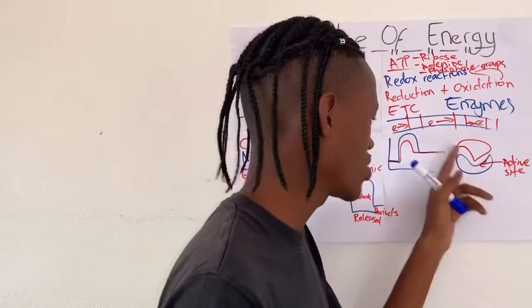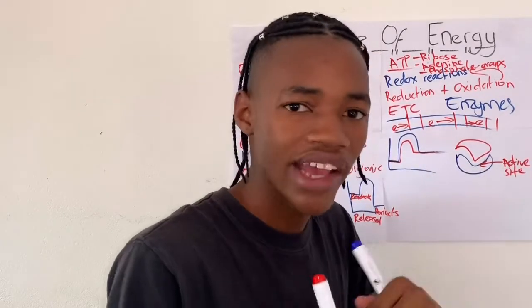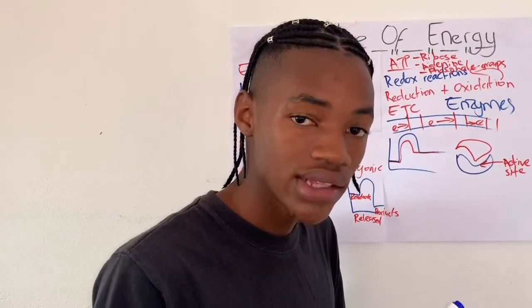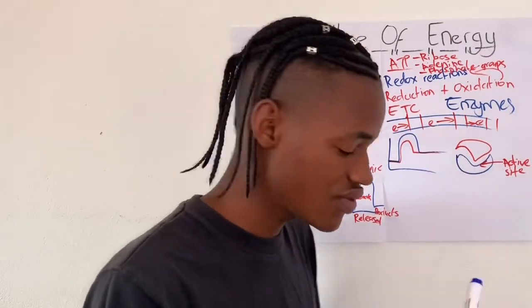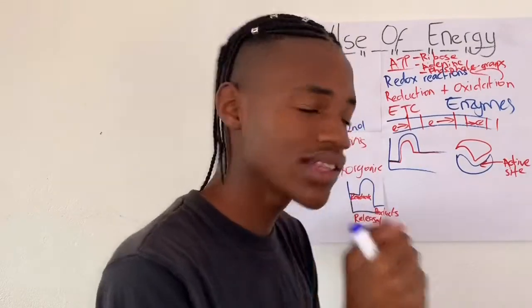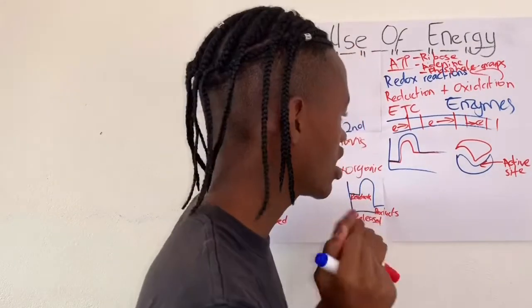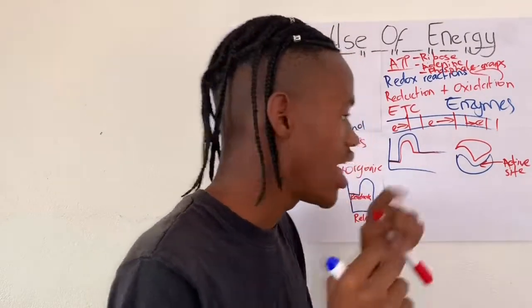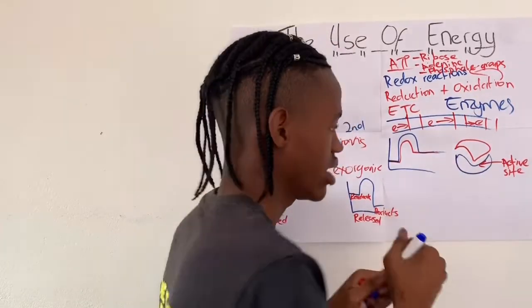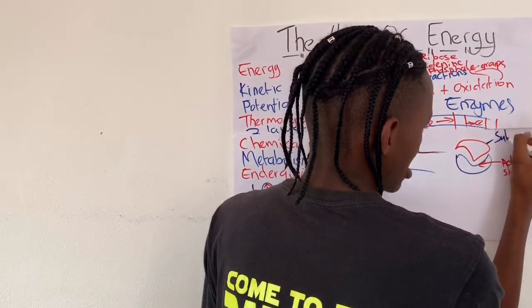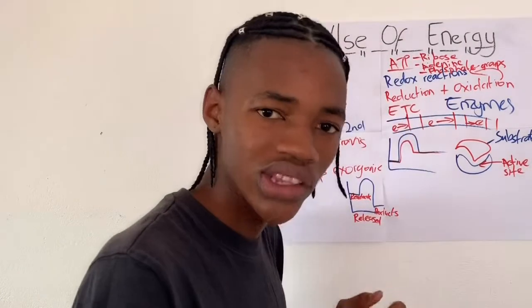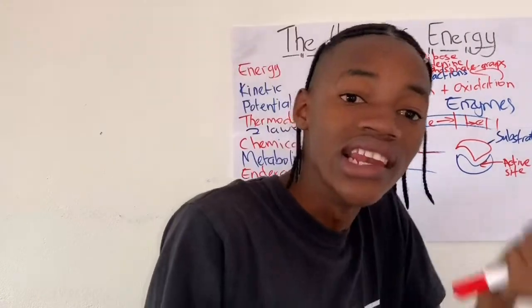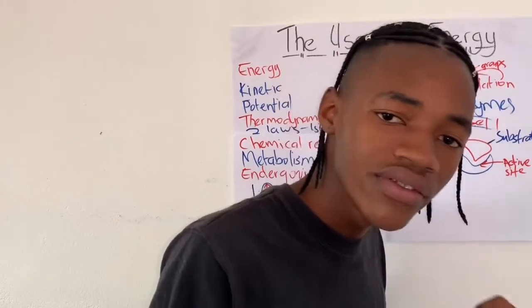Only substrates with this exact same shape can bind to this active site. If it doesn't have this shape, it doesn't bind to the active site. And once it binds, the reaction happens, and when the reaction is done, the substrate, which is also called the reactant, leaves the active site.